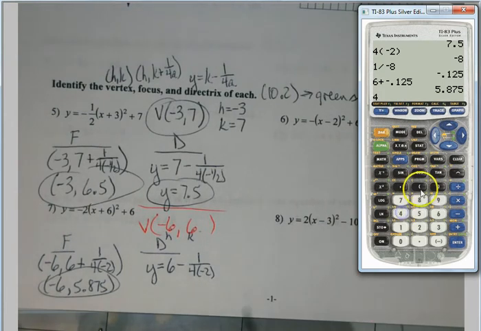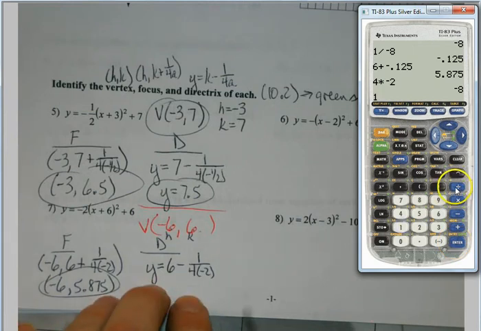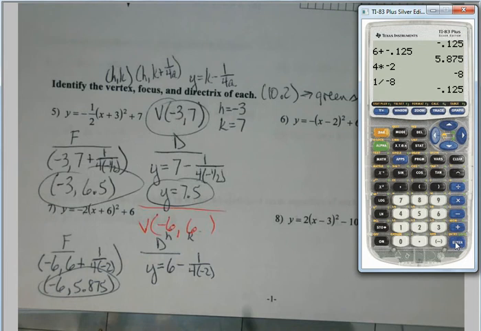Same thing. 4 times -2. Then I do 1 divided by that answer. Then I do 6 minus that last answer.